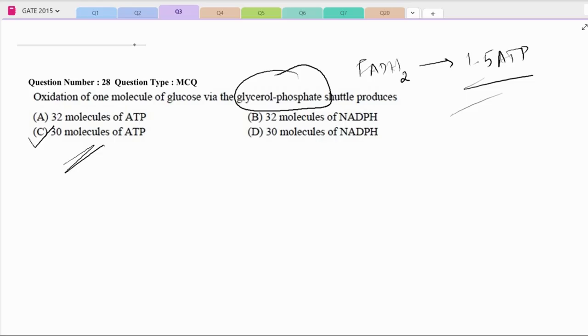In the end, it is the glycerol phosphate shuttle which results in FADH2 producing 1.5 ATP per molecule, and there is also another shuttle called the malate aspartate shuttle, where the NADH itself produces 2.5 ATP per molecule of NADH. These details have to be remembered when you calculate the final molecules of ATP. So moving on to the next question.